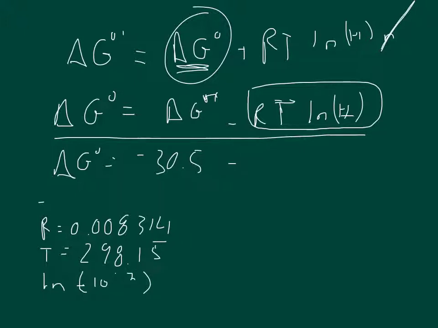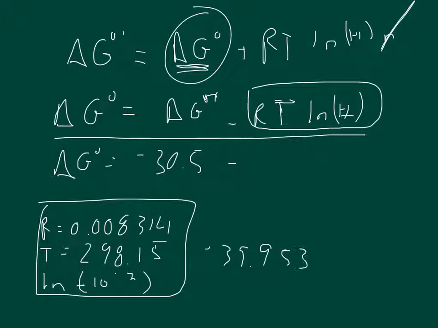And so whenever we take that times the natural log of 10 to the negative 7th, what we end up getting, and this will pretty much be a constant for biochemical stuff, is negative 39.9538. So we're going to take negative 30.5 and subtract negative 39.9538. And so subtracting a negative is the same thing as adding.